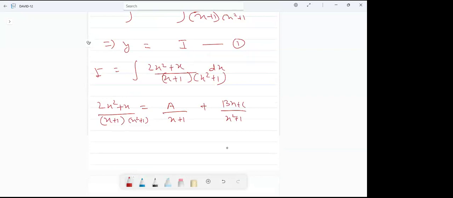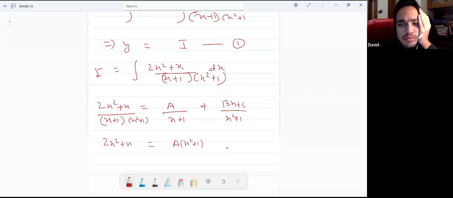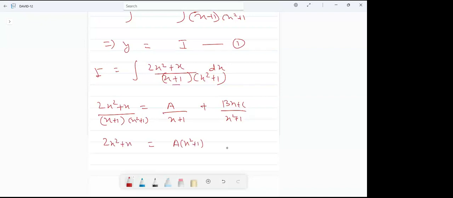So we have a over x plus 1. So we can write 2x square plus x equals to a times (x square plus 1). See, this is the standard form. We have one linear and another quadratic in the denominator. So for linear, we take just a over x plus 1.